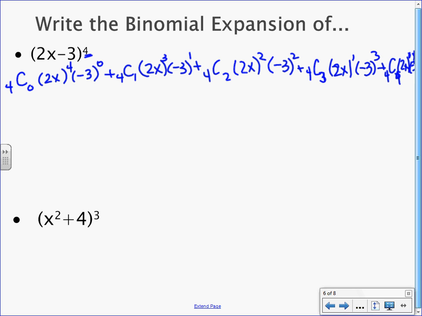We don't need our calculator. What is it? 1. 2x to the fourth, and negative 3 to the 0. Plus, you don't need a calculator. 4 combinations of what?